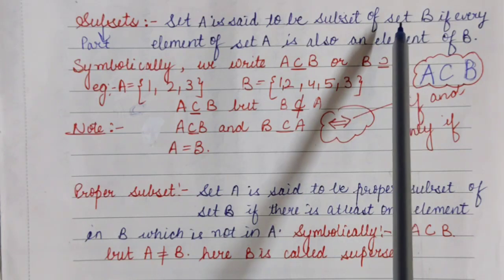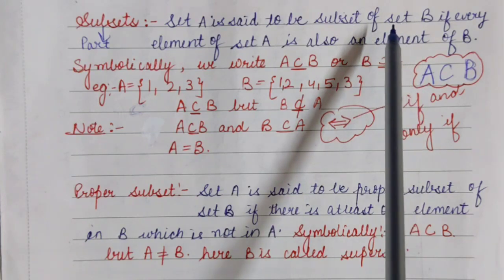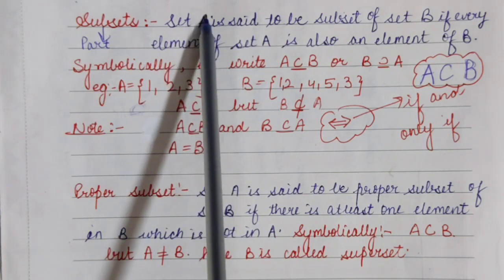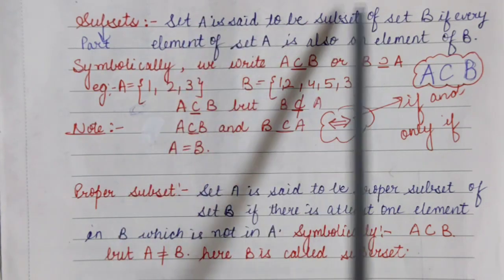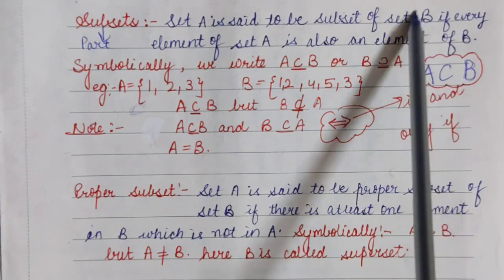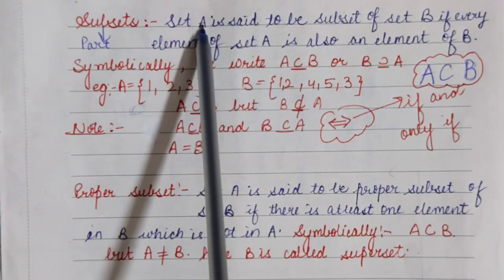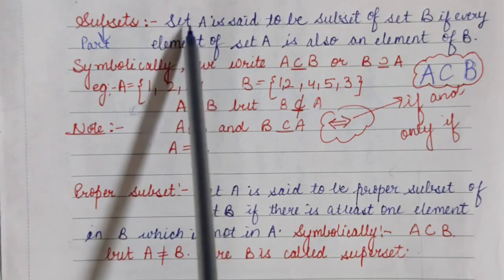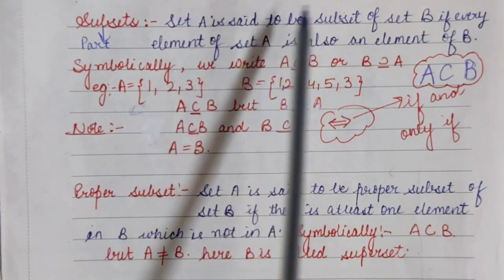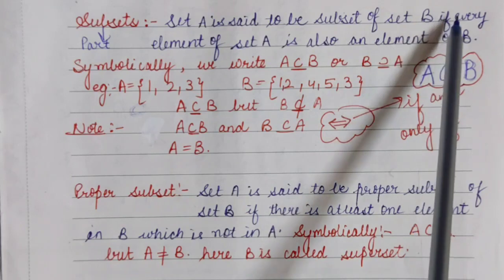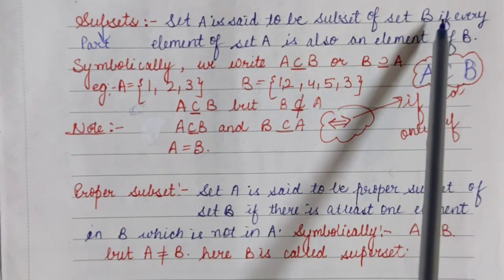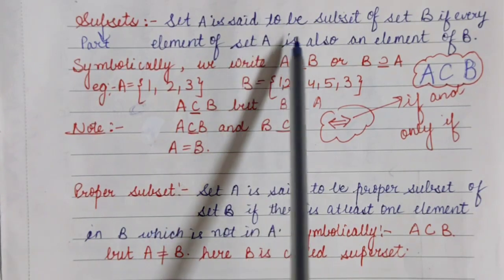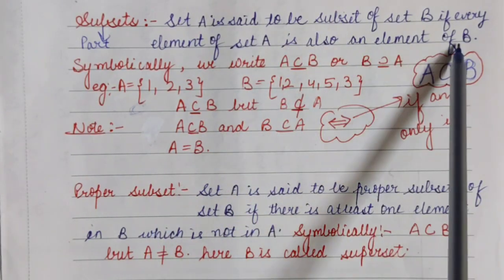And here the second condition also holds. It can also be said that maybe every element of set A is contained by set B and every element of set B is also contained by set A. So what it basically says is, a set will be a subset of another set only in the case where every element of the first set is an element of the other set.